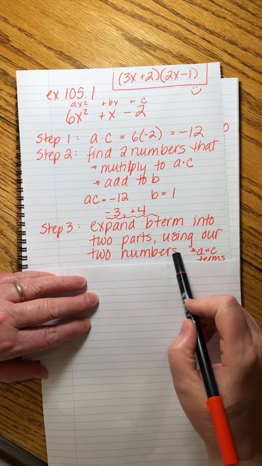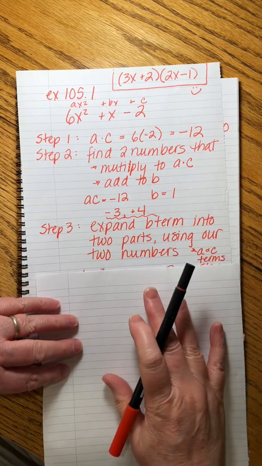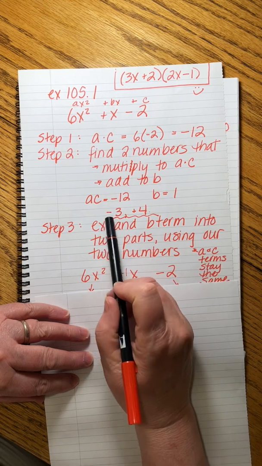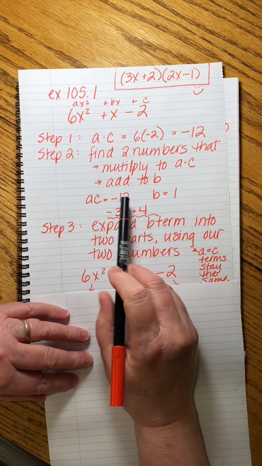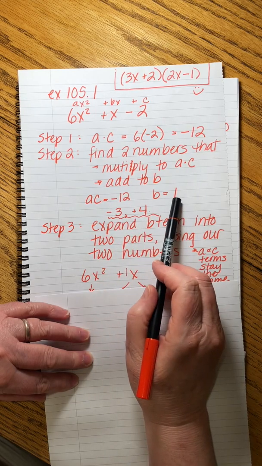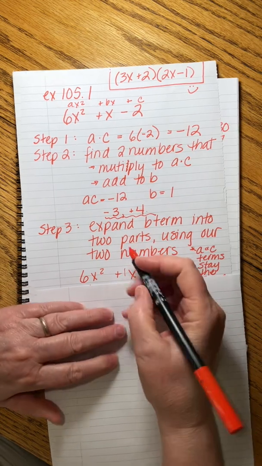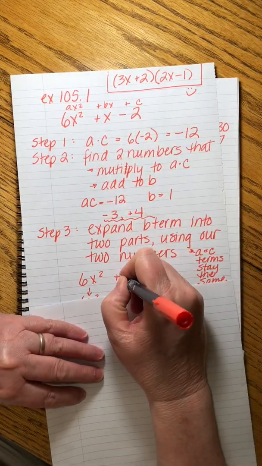I believe I had just written this, and I was going to show you how we expand the B term. So we had figured out that -3 and +4 were the two numbers we needed. They multiply to this and they add to that. So what I do is I take my middle term, which was x. I put a 1 in front of it just to help you.